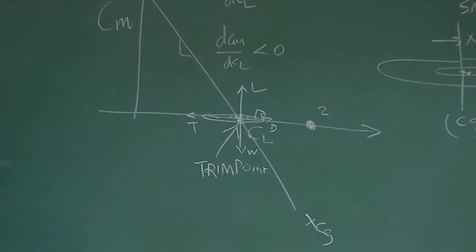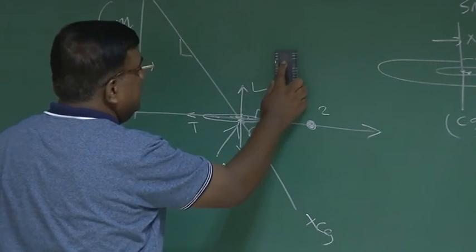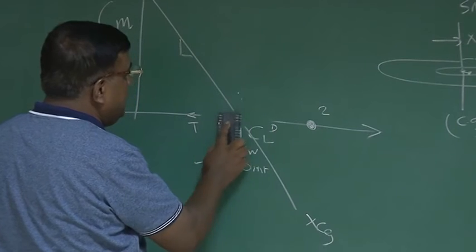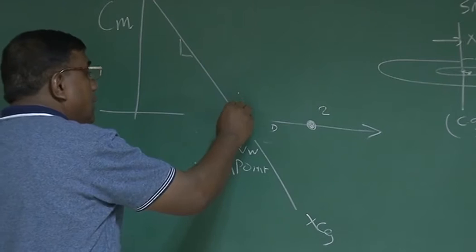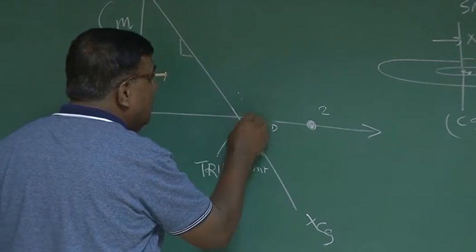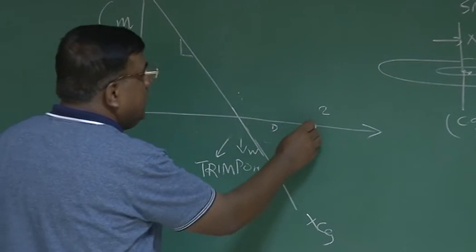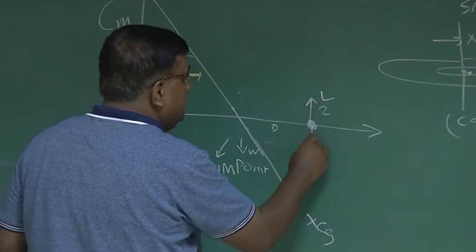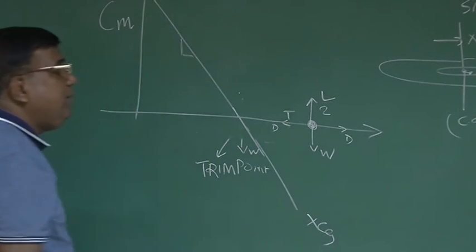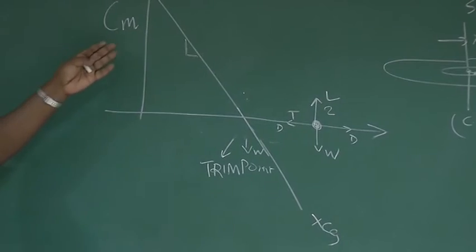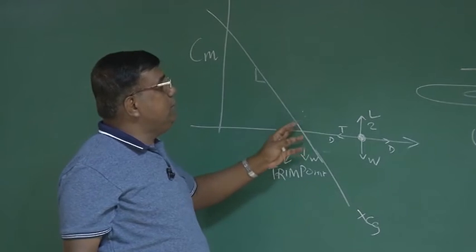How much elevator deflection should I give to ensure that the airplane is now flying at trim, that is at lift equal to weight, thrust equal to drag, but at different CL.